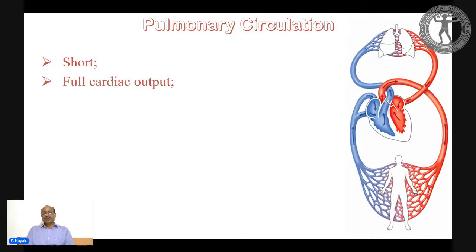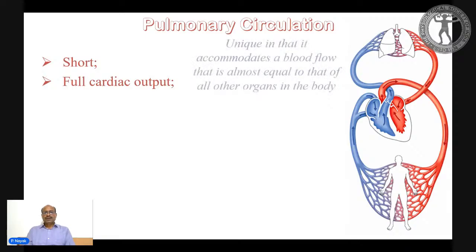As already mentioned, the pulmonary capillaries are short and carry the full cardiac output. This is the key: short and full cardiac output. So we have to keep in line the systemic circulation and pulmonary circulation.